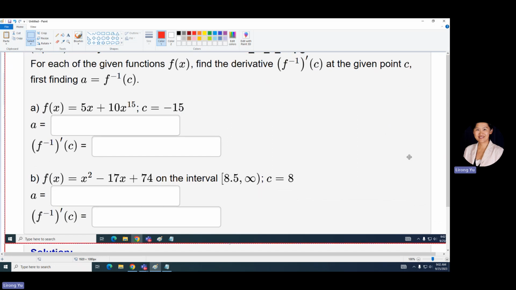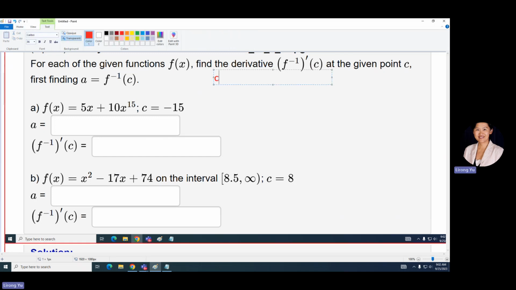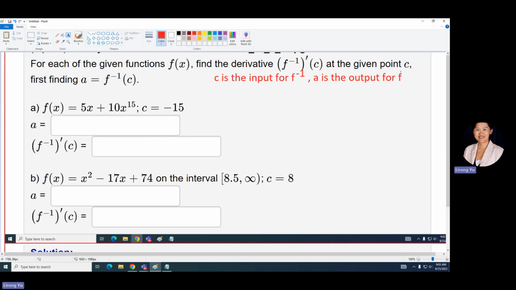This is the first question on 2.7. So we'll try to type it. C is the input for the inverse, and then A is the output for the F inverse.